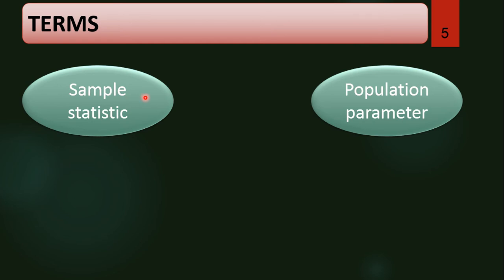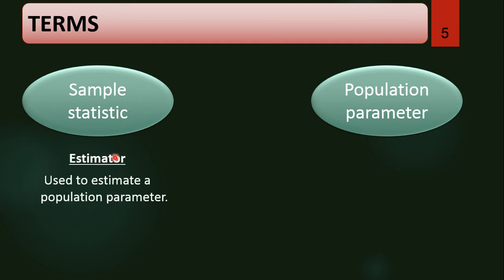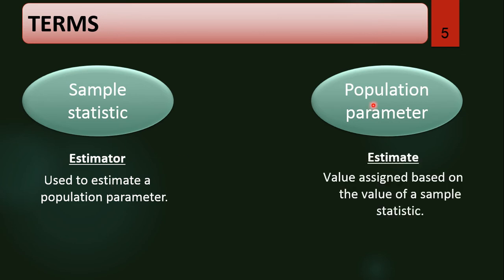We use the sample statistic to estimate the population parameter. The sample statistic can be defined as the estimator, which is used to estimate a population parameter, where this population parameter will be our estimate, which is the value assigned based on the value of a sample statistic.